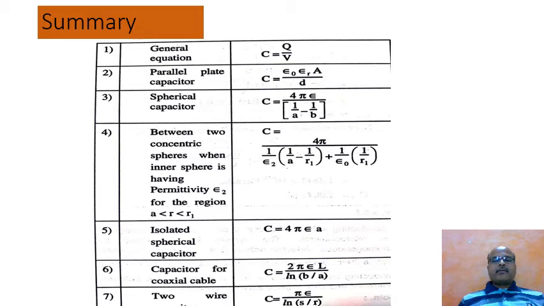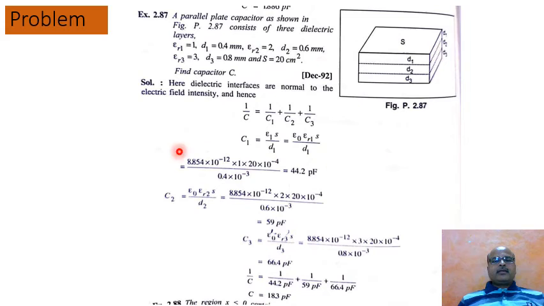So this is a summary of capacitance, and we'll take one problem on this capacitance. Such a type of problem is asked in the exam. A parallel plate capacitor, as shown in this figure, consists of three dielectric layers: epsilon R1 is equal to 1, here not mentioned, D1 is equal to 0.4 mm, epsilon R2 is equal to 2, D2 is equal to 0.6 mm, epsilon R3 is equal to 3, D3 is equal to 0.8 mm, and S is equal to 20 centimeter square.